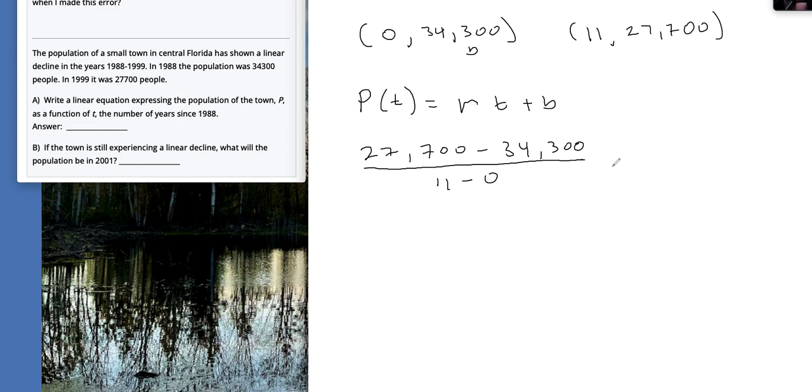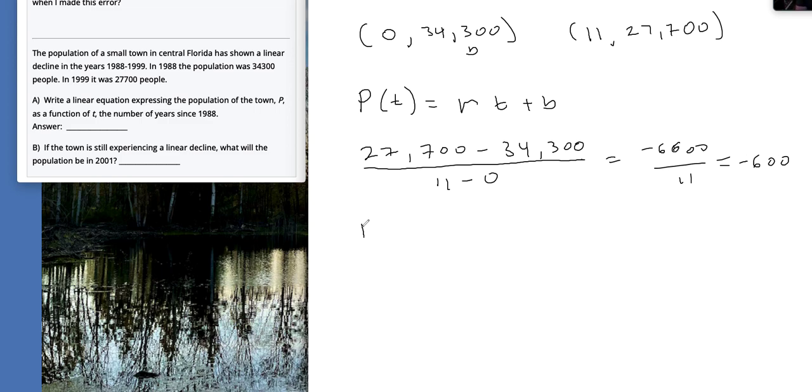That makes negative 6,600 over 11, so that should be negative 600. So what that means is that this town is losing 600 people per year.